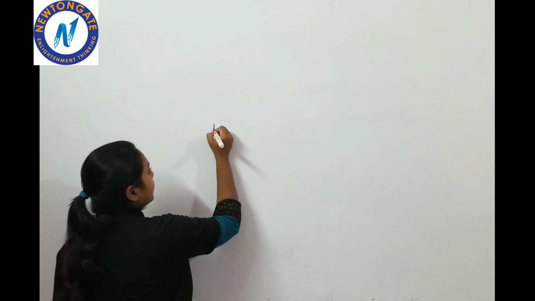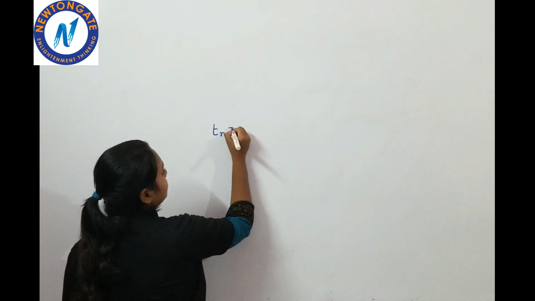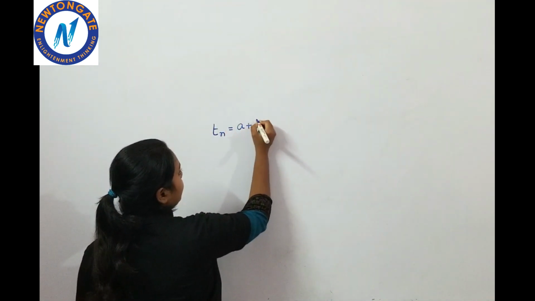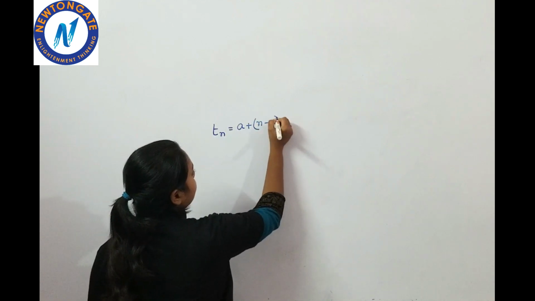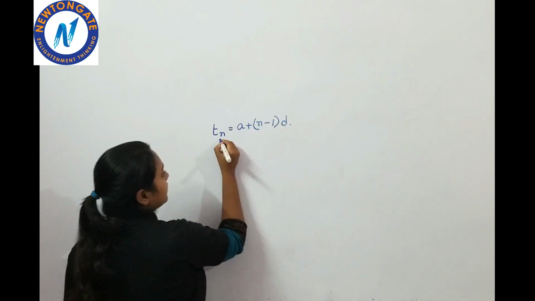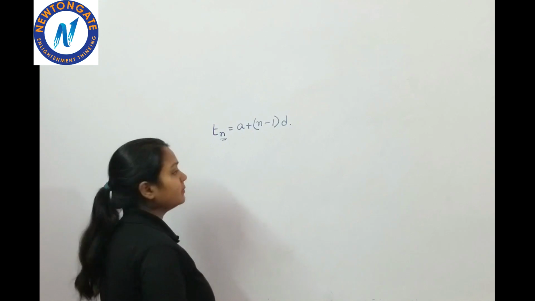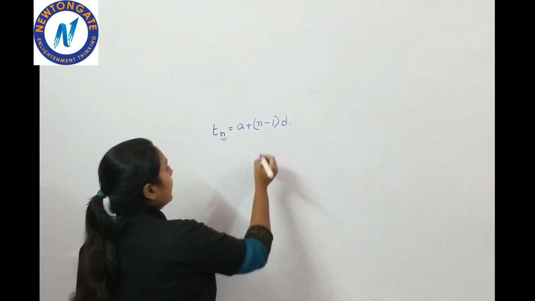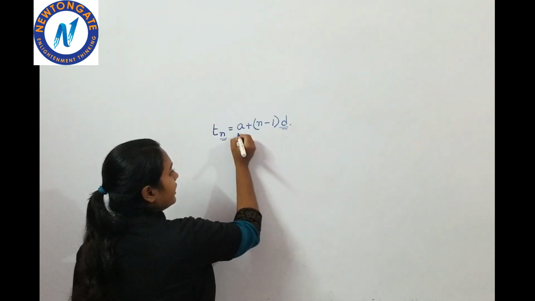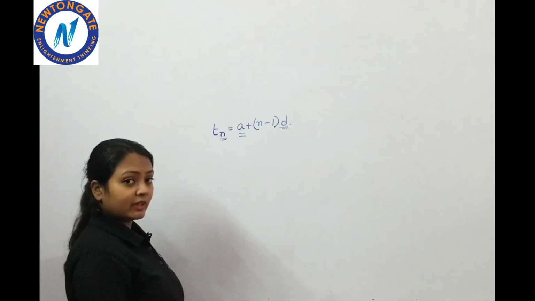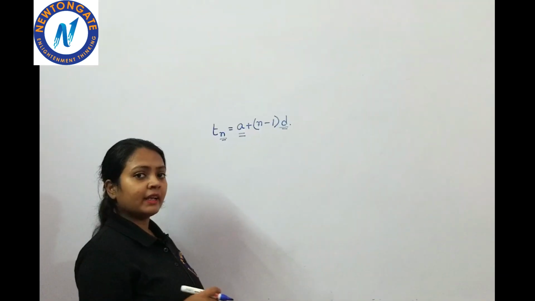Then how to calculate? What is the formula? The formula is Tn equals a plus n minus 1 into d. Here n is the number of the term, d is the common difference, and a is the first term.